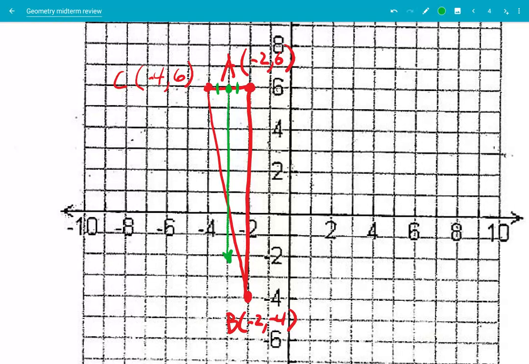And then let's see, from 6 to -4, that's 1, 2, 3, 4, 5, 6, 7, 8, 9, 10. So 1, 2, 3, 4, 5. There's a midpoint there. And then the other midpoint would be, let's see, it's 1 over.